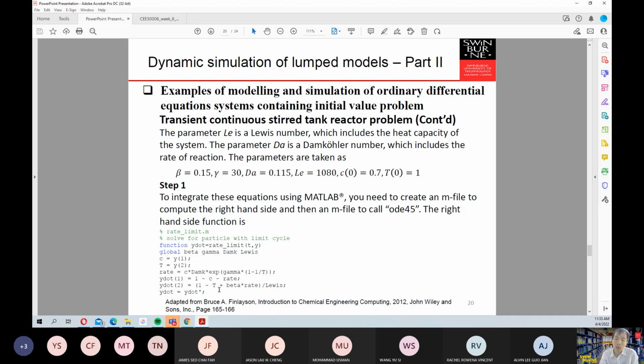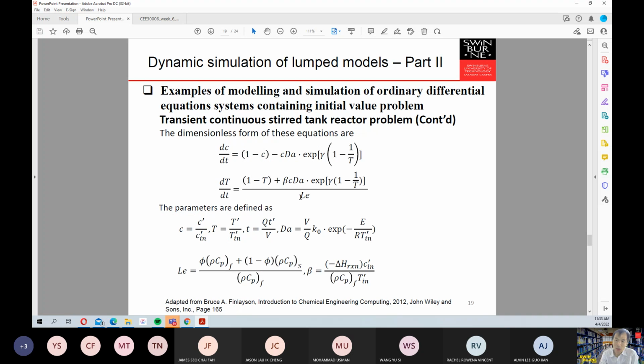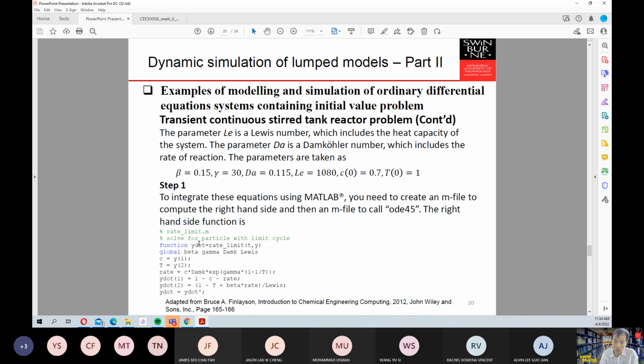You need to create a function that describes your ordinary differential equation in dimensionless form, which is this one. Like I told you, when we talk about this one, we are talking about the old problem, so after 2010 we can do something else. But before 2010, MATLAB did not come with a structured variable that allows you to pass one variable or many sets of variables from one function to another. So we utilize this function called global.